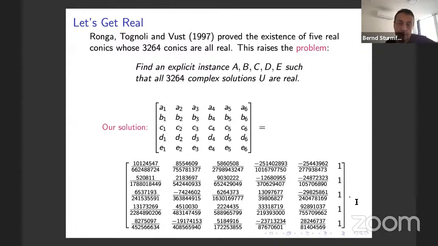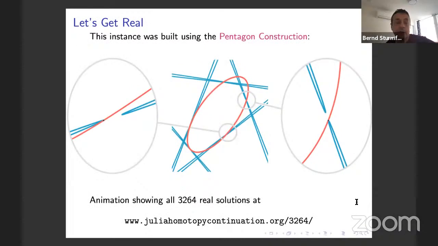The idea behind the construction is based on a geometric idea called the Pentagon Construction. And the Pentagon Construction goes as follows. So you choose your given blue conics as follows. You start out with 5 lines that make a pentagon, and then you double each line, and you rotate it around just a little bit in such a way that the intersection point of each pair of lines is somewhere in the middle of the edges of a convex pentagon.